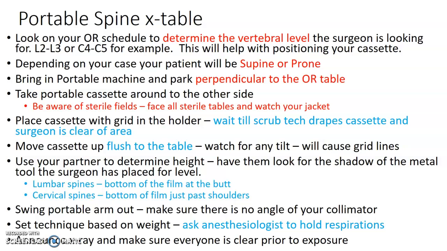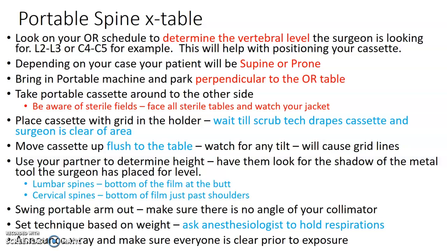What do I need to see if they're looking at L2 or L3 or C4 or C5? Where do I put my cassette? Where do I center? Where do I need my light field to be? Depending on your case, your patient will be supine or prone. So that'll come into play, either ACDF or the posterior lumbar. Are they going to be supine or prone, and how does that affect my centering?